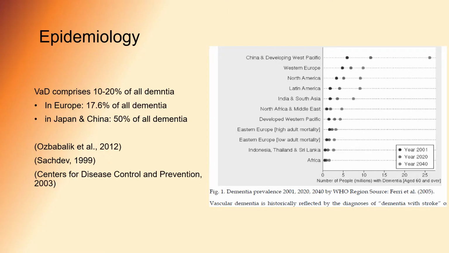Here, in Europe, VAD is 17.6% of all dementia. And in China and developing West Pacific, this number is even bigger. They are 50% among all dementia.